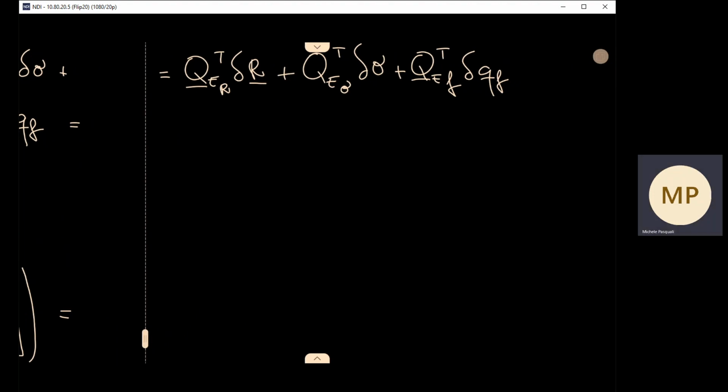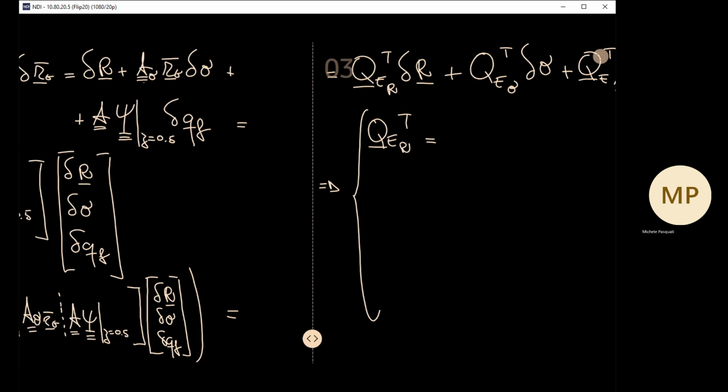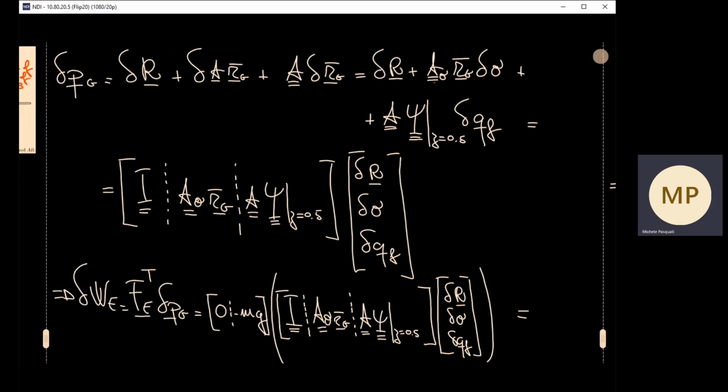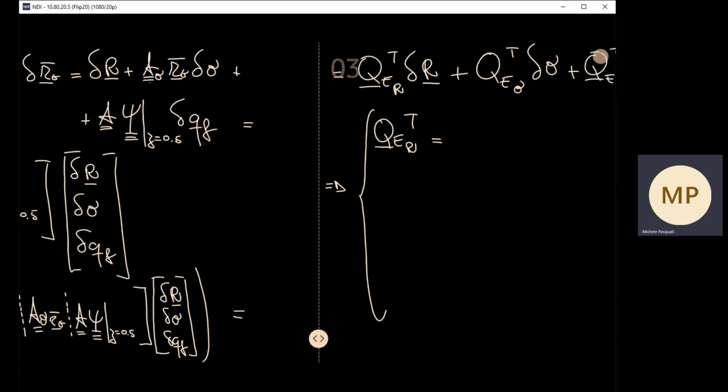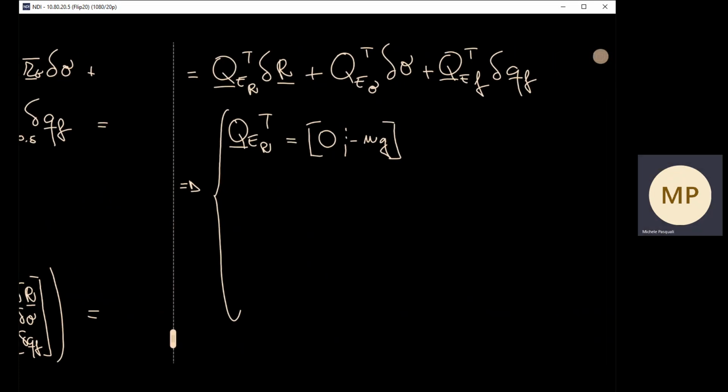So it means, and then we're really done, that QE R transpose, what is it? It's basically this one, you see? It's this times this, because this part here must be multiplied times delta R. So this one here is 0, minus mg, multiplied times I. This is QER.